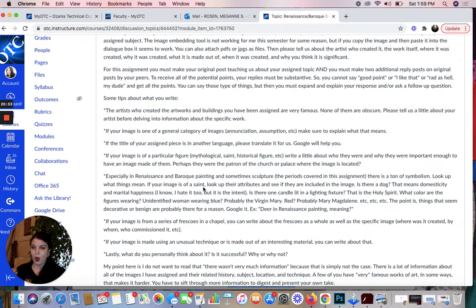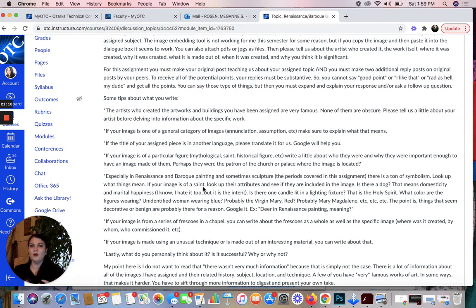Did they grow up in a very wealthy household, or a poor household? Were they able to go to school? Were they an apprentice to some other kind of artist? Do they have a background in architecture and engineering, which makes their paintings of architectural things look more realistic? Things like that, just background information about your artist.